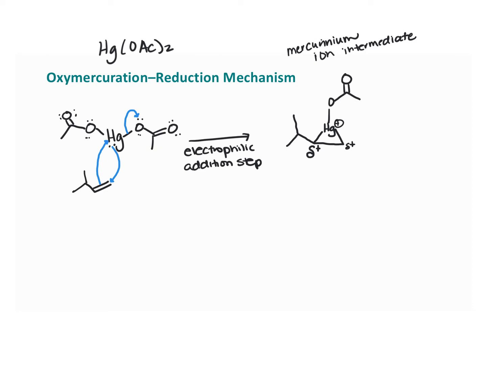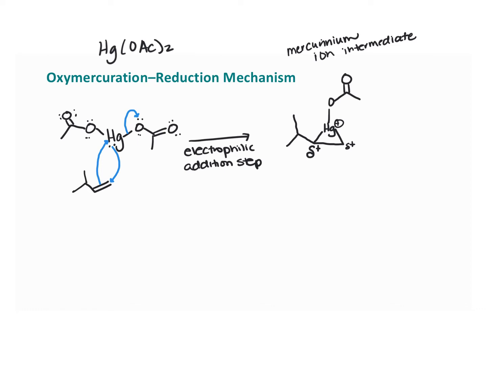Now, if you were thinking, hey, we have seen this before, you would be right. We saw this in protonated epoxides in Chapter 10, and then in bromonium ions earlier in this chapter. So the mercurinium ion has this three-membered ring, and it's stabilized when the heteroatom shares some of its positive charge with the two attached carbons.